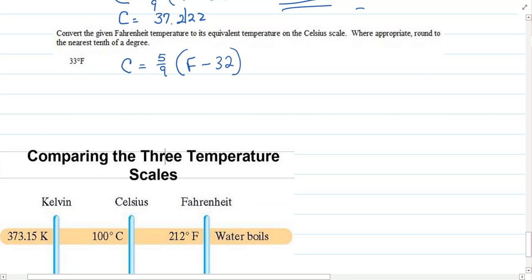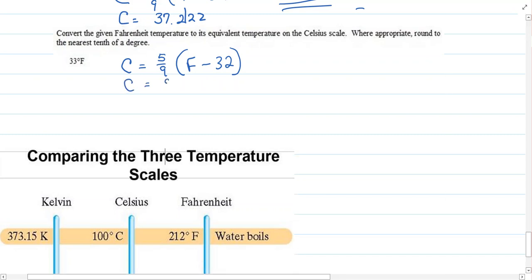And the reason it's minus 32 is because 32 degrees is considered freezing. So that's what we use. I think I skipped some, didn't I? I sure did. I will go back and do those in just a minute.